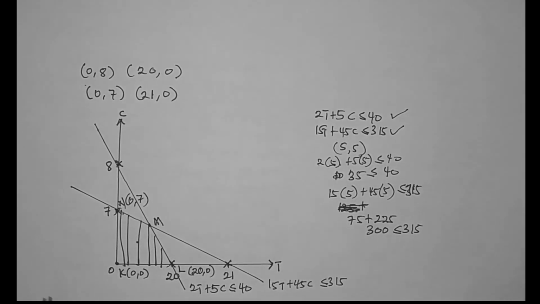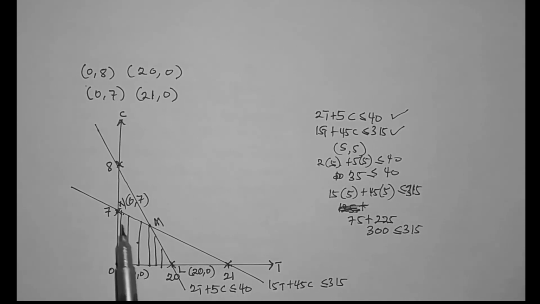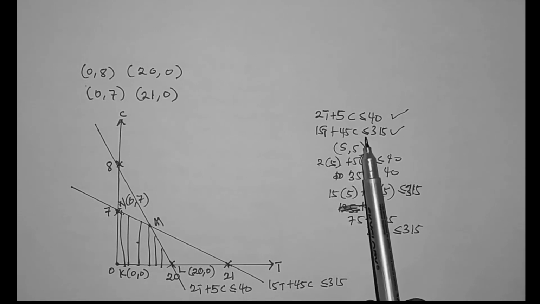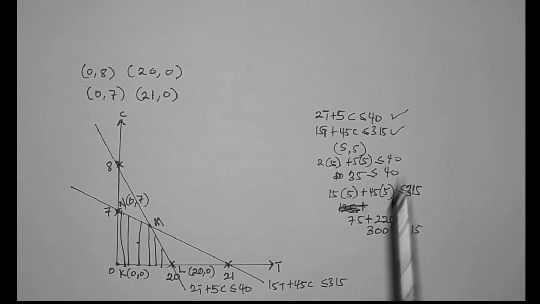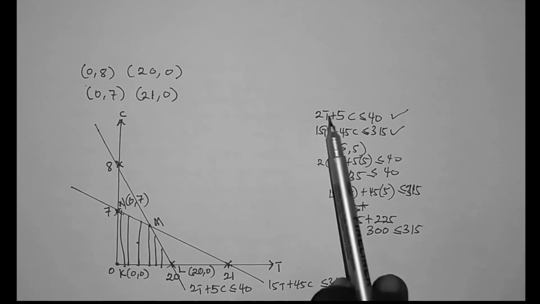Then M. Now, if I have sketched my graph, I may not be able to find M. So what I have to do is solve these two equations simultaneously to find the values of T and C, where these two lines intersect. So let's find the intersection of these two lines.